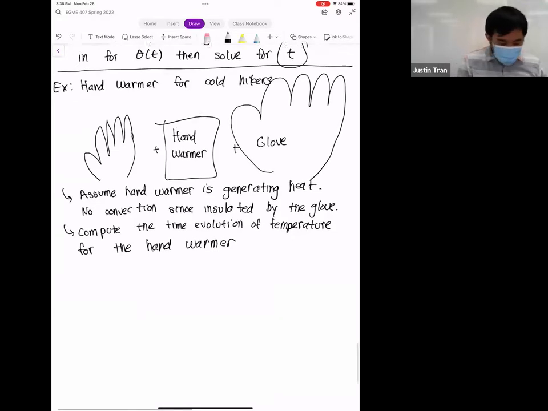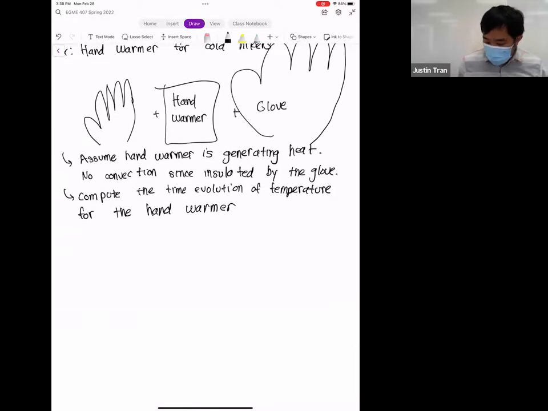Okay. All right. And so just like we did with the pan, we're going to start with our general lumped capacitance equation.